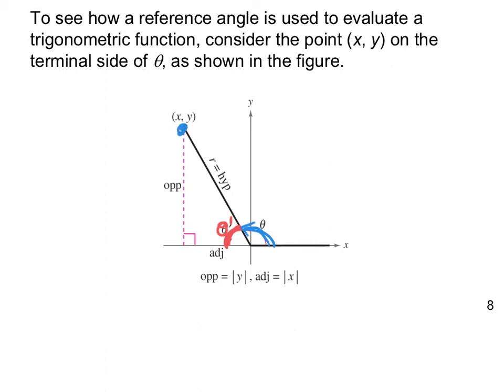Using our adjacent, opposite, and hypotenuse to find our trig functions, when using the reference angle, we would get the same thing as if we used theta, but using the reference angle is easier because we have this little triangle. So we always want to find our reference angle and take our 6 trig functions off of that.